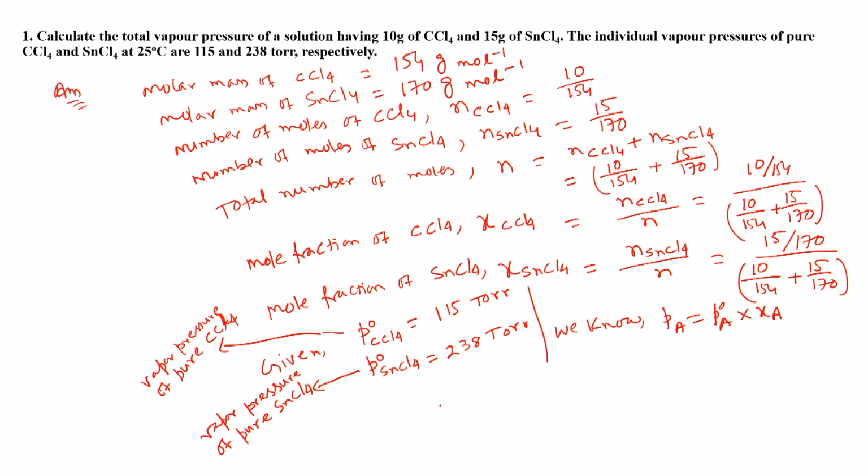So P CCl4, the partial pressure of CCl4 in solution, is P naught CCl4 times X CCl4.